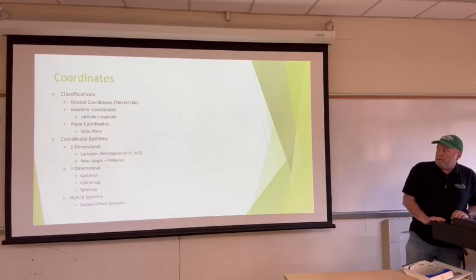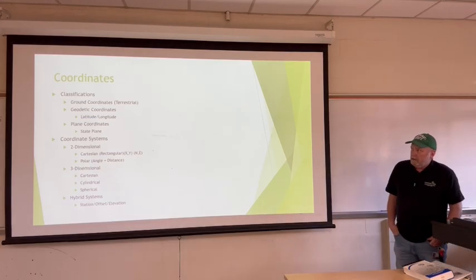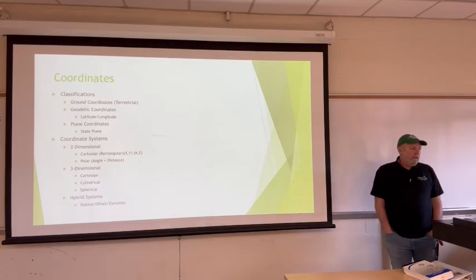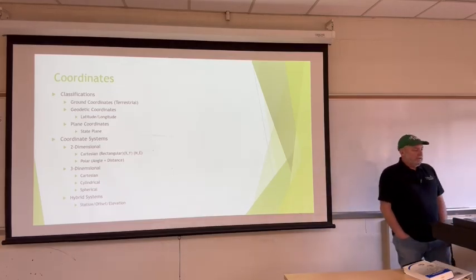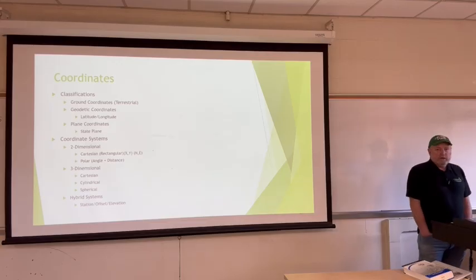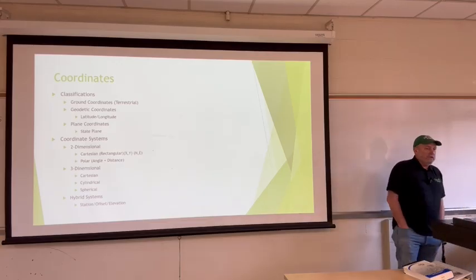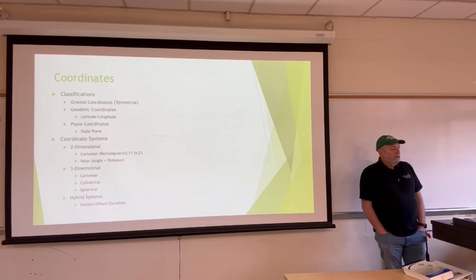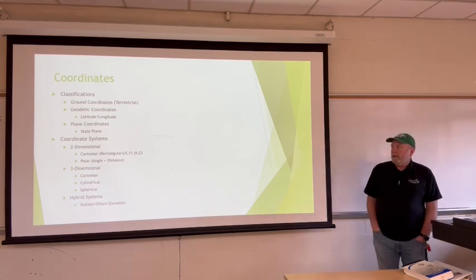There are a lot of different ways coordinates are defined. Some classifications of coordinates, we'll start off at the top there: we have ground coordinates, geodetic coordinates, and plane coordinates. Between your ground and your plane coordinates, there is a difference.